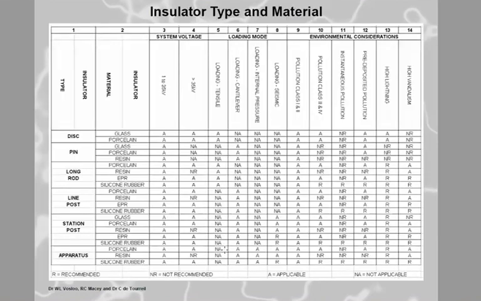Now, here's a table. And this table is in the book. You will find you've got a disc insulator, which can be either glass or porcelain, okay? And the pin insulator is normally glass, porcelain, or a resin, like epoxy resin. Folks, the material cycloaliphatic has got an inborn problem.